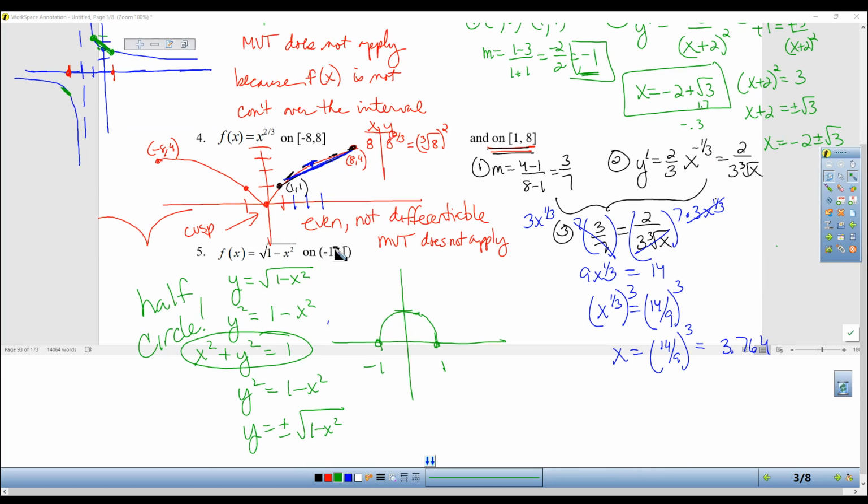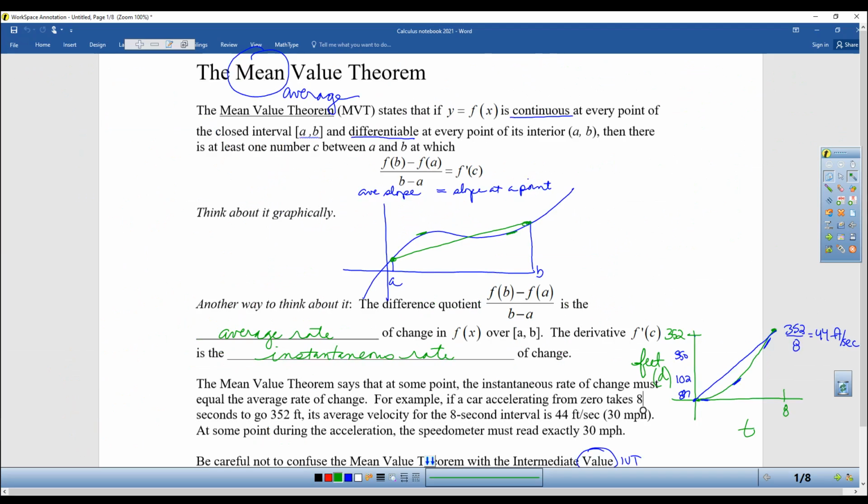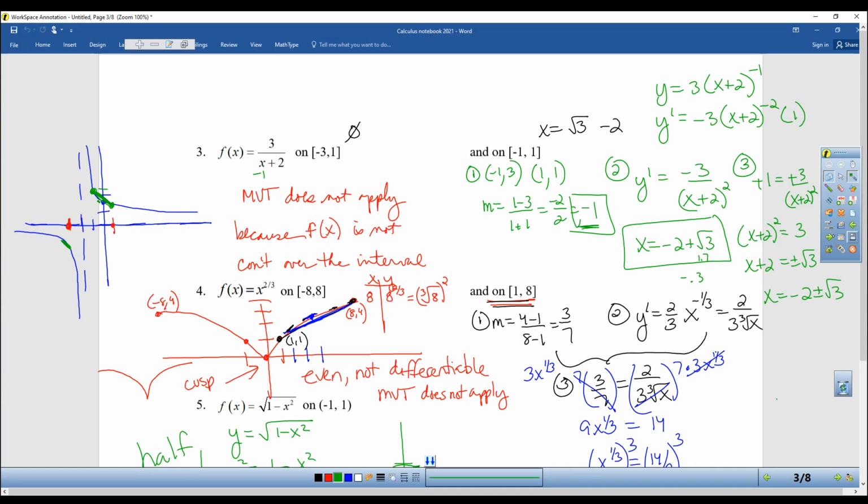So it is continuous on the closed interval, even though they don't actually want us to graph that point. It would have been continuous. And then, so it's continuous on the closed interval and differentiable at every point of its interior. That's the point that's really important to me.